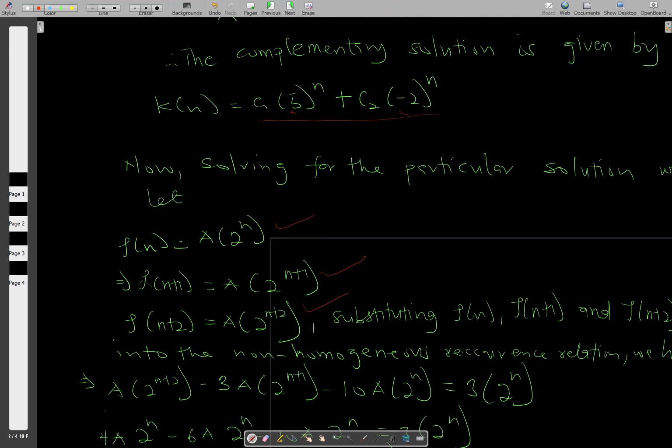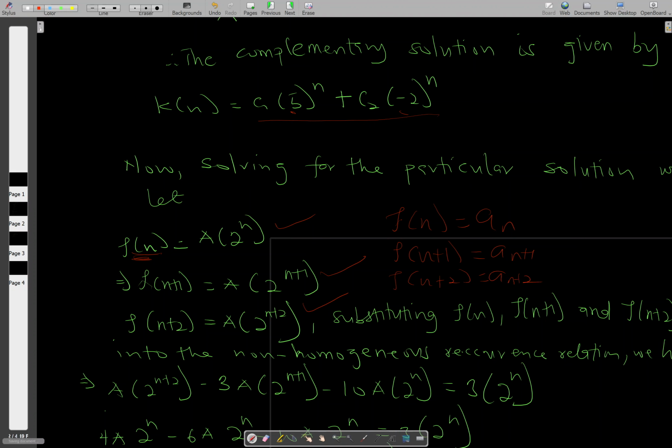Then we substitute r of n in place of a subscript n, r of n plus 1 in place of a subscript n plus 1, and r of n plus 2 in place of a subscript n plus 2.